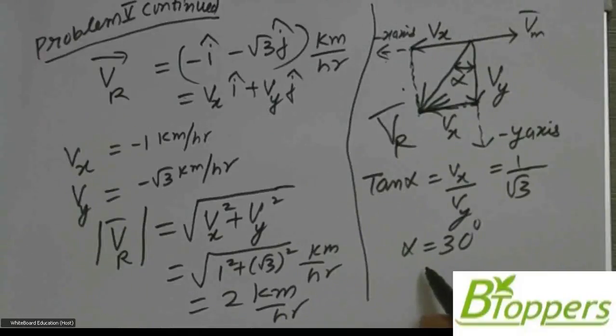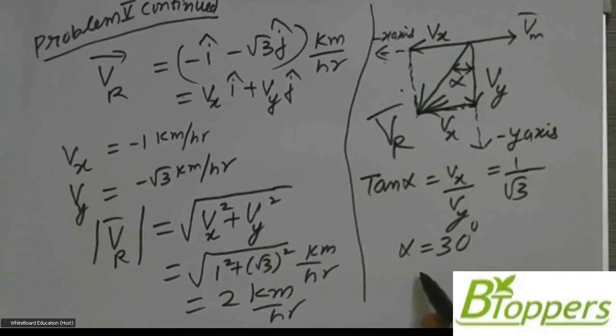So the answer can be written as 2 km per hour, at an angle of 30 degrees with the vertical from the front. So those who want to copy the solution of the problem, they can take a pause and copy the solution of this problem. The next problem, problem number 6, has to be solved with the same procedure.